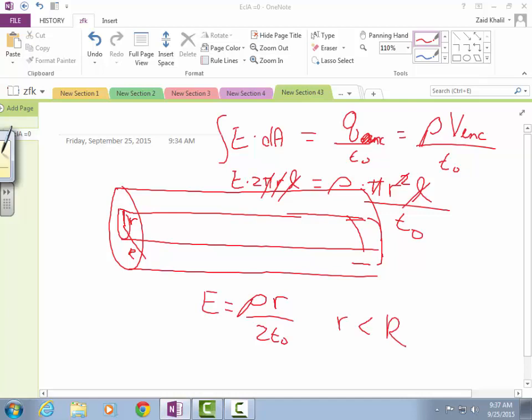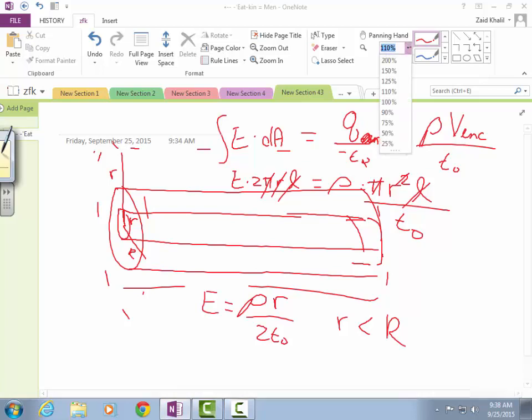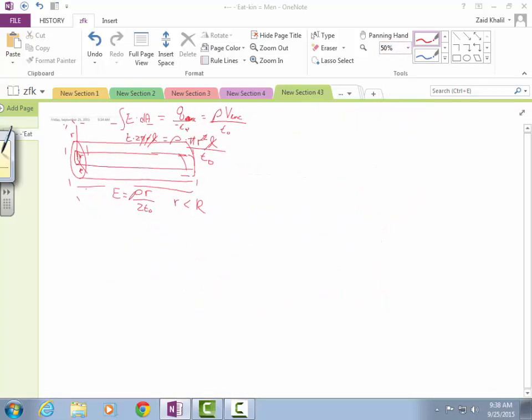Then we enclose this in a bigger cylinder. Let's write out Gauss's law again. Now we're going to call this little r. I'm going to zoom out. We have the integral of E dot dA equal to Q enclosed over epsilon naught.